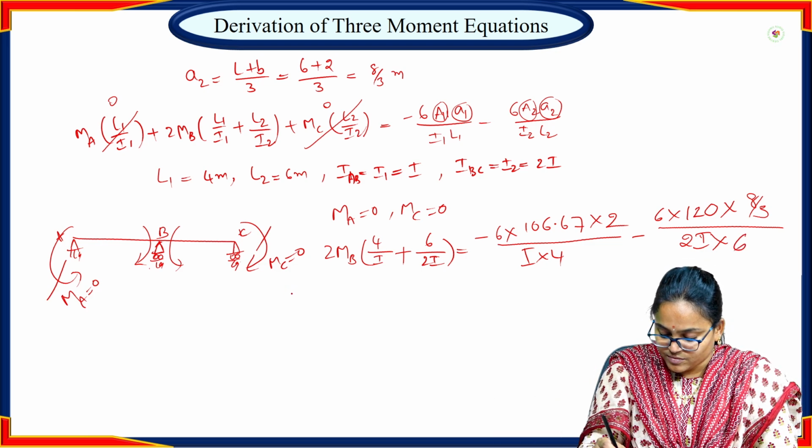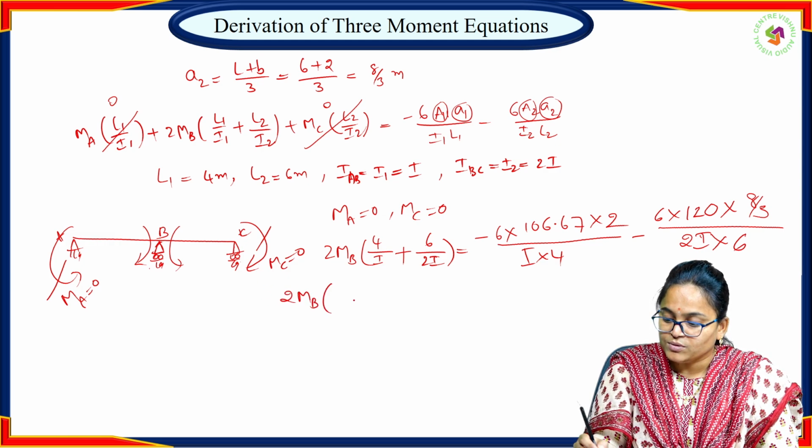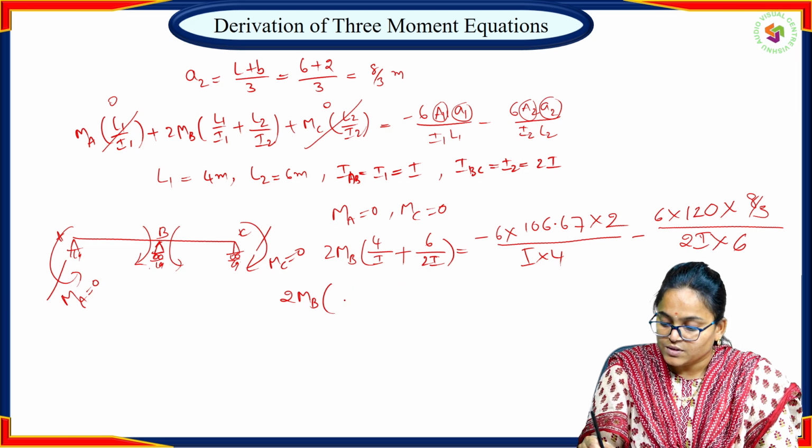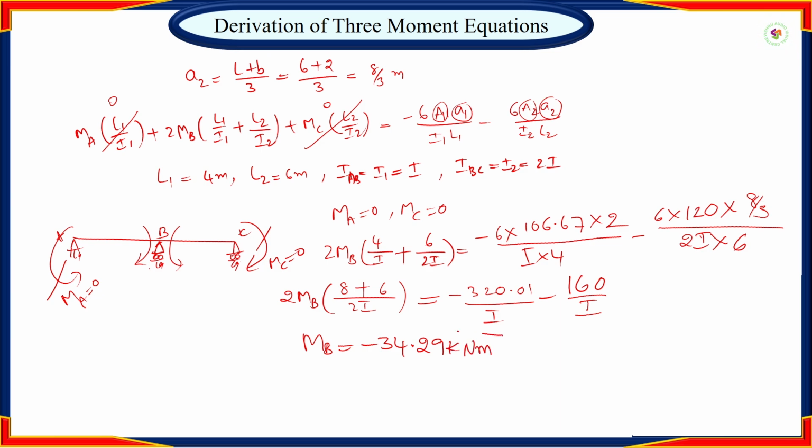So after this we'll get 2MB into, so this will be 2I, 8 plus 6 is equal to, this entire term will be minus 320.01 by I, minus this entire term will be 160 by I. So from this we'll get MB value, that is minus 34.29 kilonewton meter.